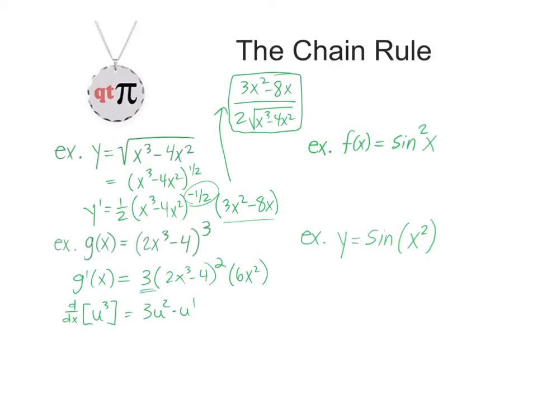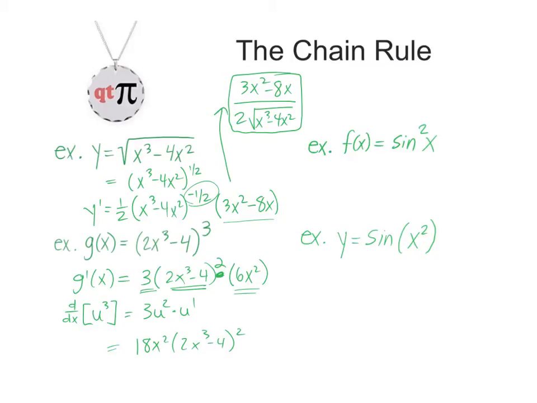I have 3u squared times u prime. All right, this is how the chain rule works. And it's not an equal, I'm just underlining that too. I would probably clean this one up a little bit by saying 18x squared times (2x cubed minus 4) squared. And you could multiply that out if you wanted to, but this is good enough.